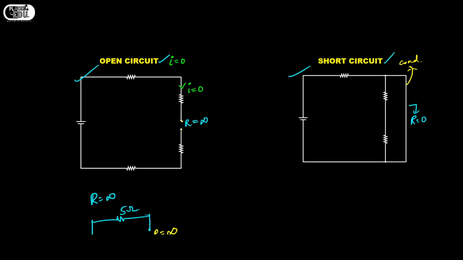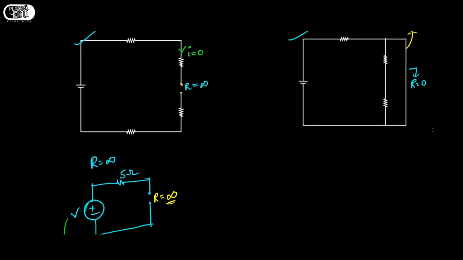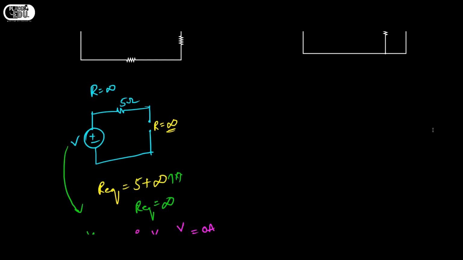Understand? Now coming to the short circuit. Short circuit means R equals 0. Now I'm writing here R equals 0. For example, I'm considering a resistor here, let it be 5 ohms.